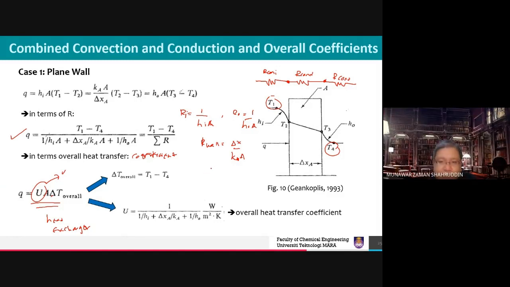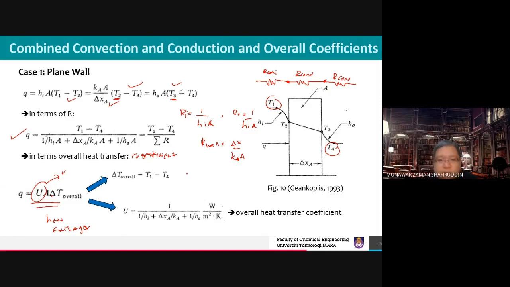So you can use this equation for number 2, or this equation, and for number 3, T3, and T2.